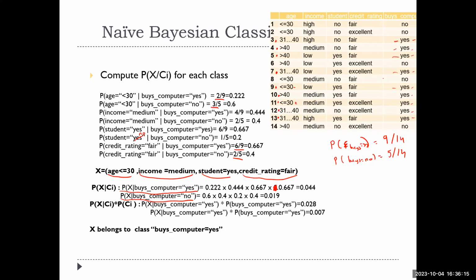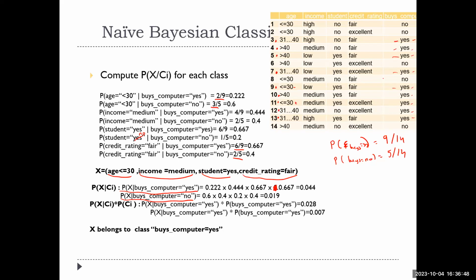Age greater than 40, compute the probability for both classes. For high income, compute the probability. For medium income, find the probabilities. For low income, find the probabilities. For student no, find the probabilities. For student yes, find the probabilities. And for credit rating, fair, excellent, find the probabilities. You look at the table first, compute all the probabilities. Then, whenever new data comes to you, you just need to multiply the corresponding probabilities.